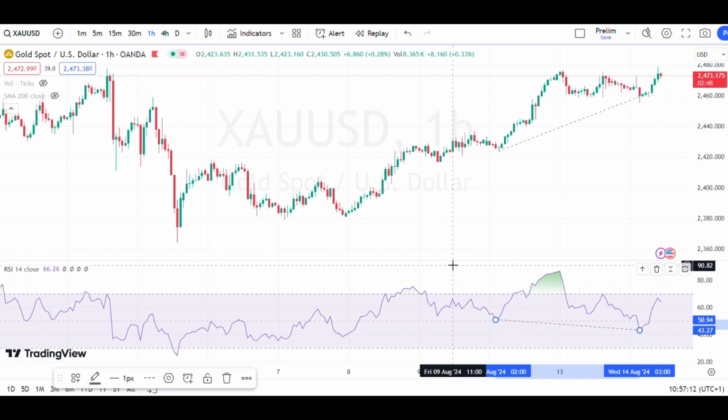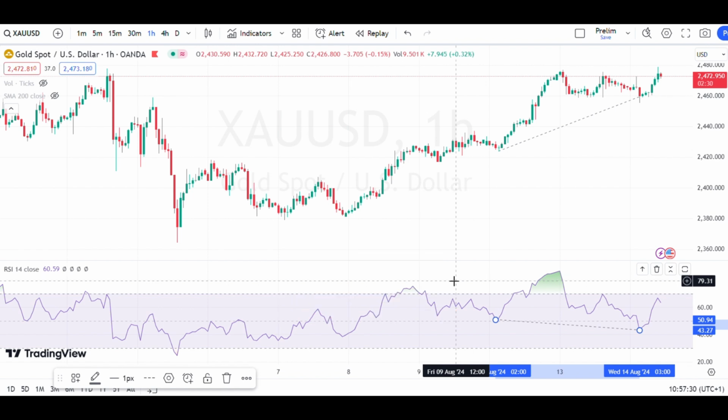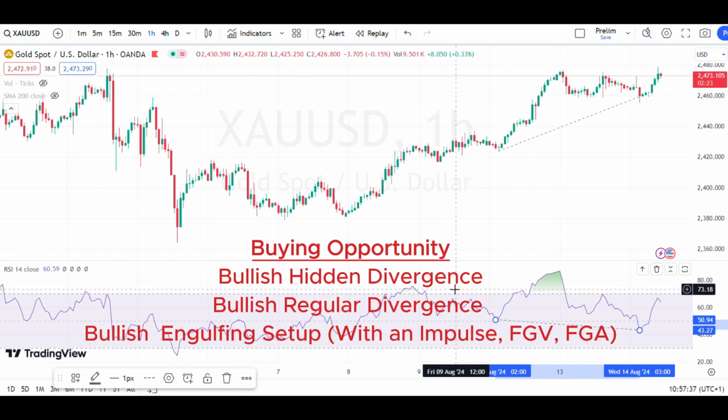And don't forget, our entry is determined by three institutional reference points: the order block, the fair value gap, and the fair value area. Where you have the three coinciding at the same point, it gives you a strong point to make your entry. Now don't forget, we also need what? An impulsive move to also confirm that our entry will go well at the end of the day.